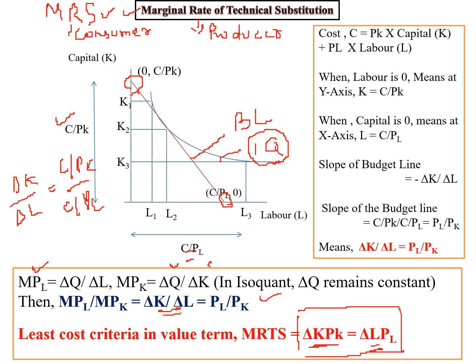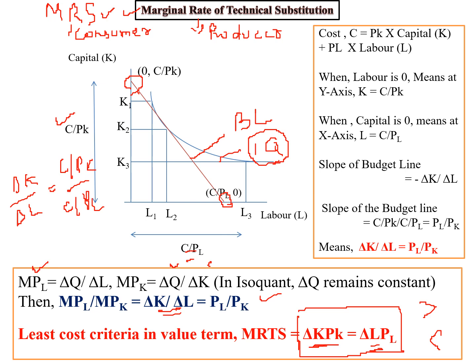Because for MRTS, marginal rate of technical substitution, if the output remains constant, then in value terms the substitution will occur when delta K into price of the capital equals delta L into price of the labor. If this is not equal, suppose at any point of time it is either greater than or less than, then you have to face a number of permutations and combinations of exchange of capital with labor.